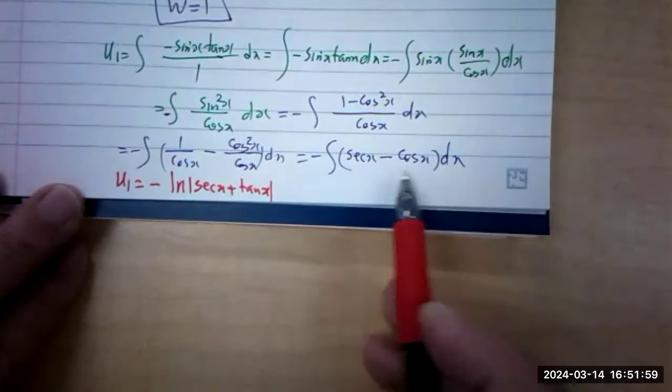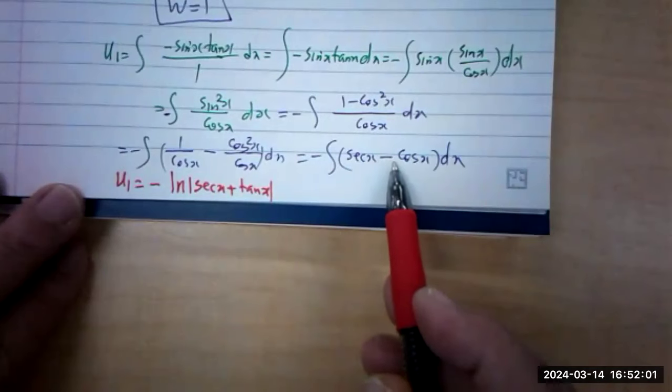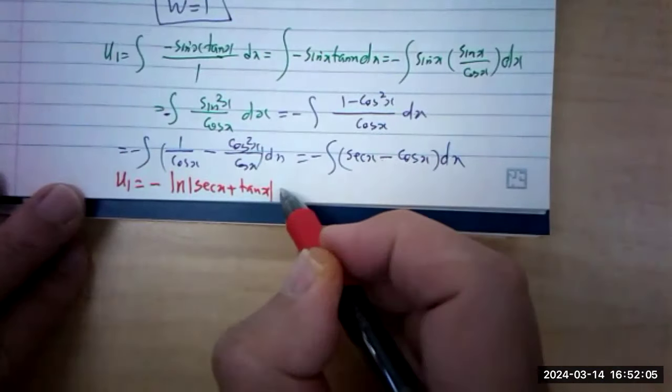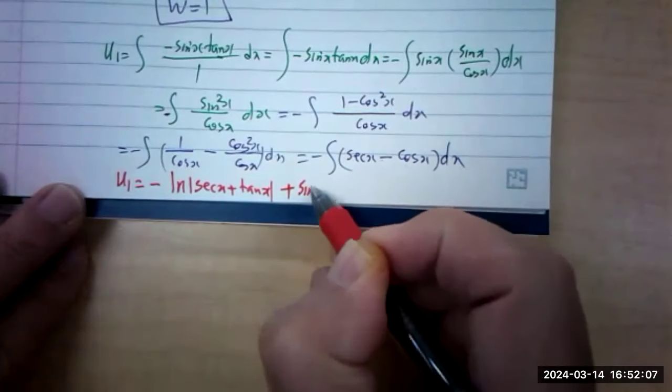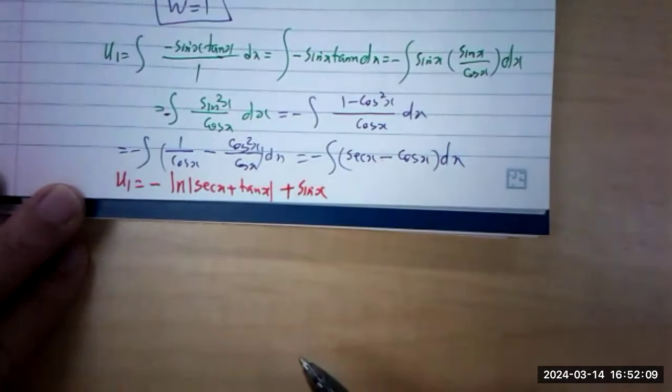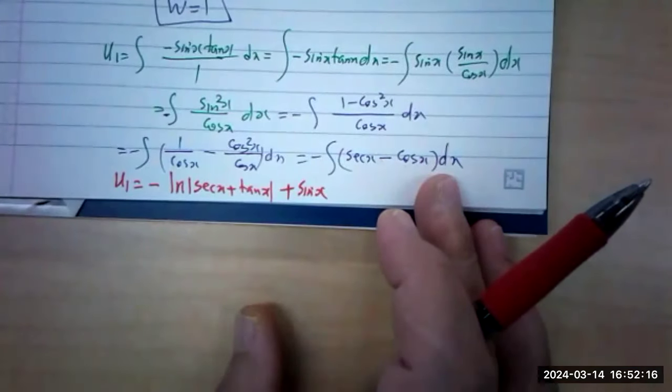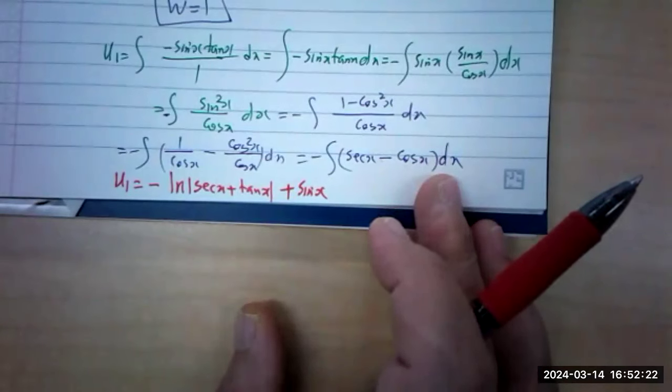Then the other part, the integral of cosine is sine. Negative would be positive, so it's going to be plus sine x. Remember, no constant there because this is a particular solution. Okay, so that would be U1.